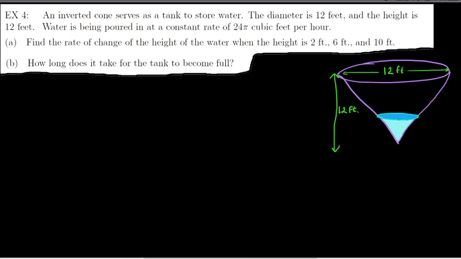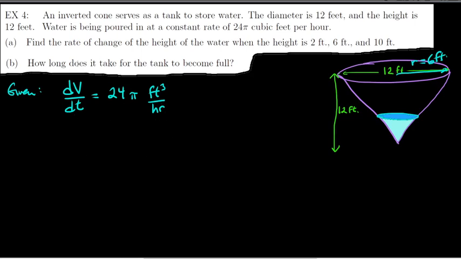Okay, so what do we know, right? So we know that the diameter is 12 feet, which means, right, the radius, if you want the radius, that's going to be 6 feet. Okay, and what are we given here? Right, we're given that water is being poured in at a constant rate, so that means the volume of water is increasing at a rate of 24 times pi cubic feet per hour.